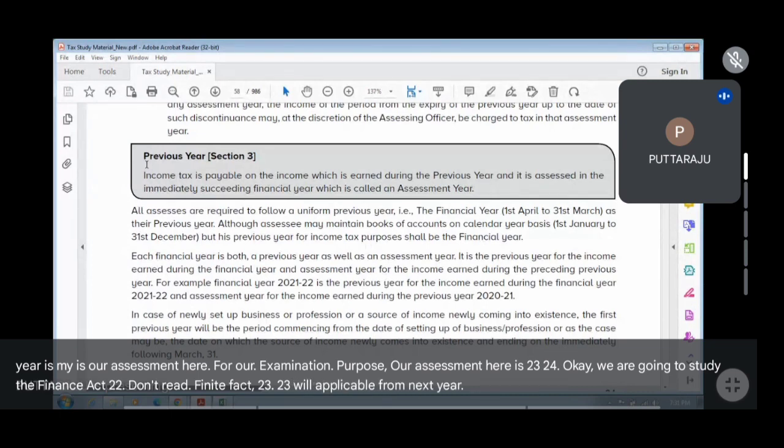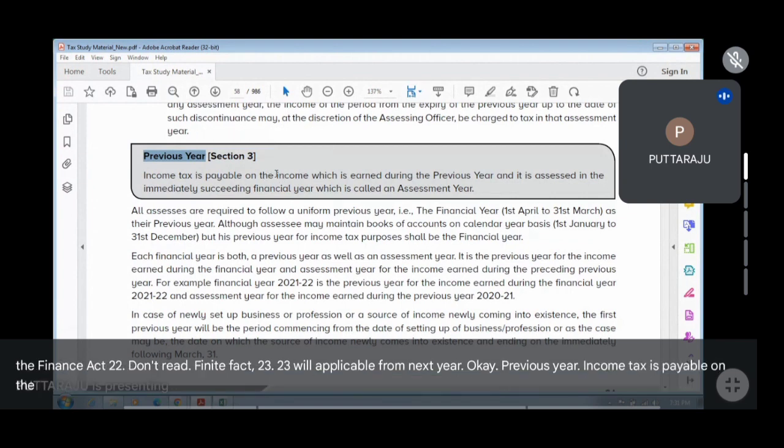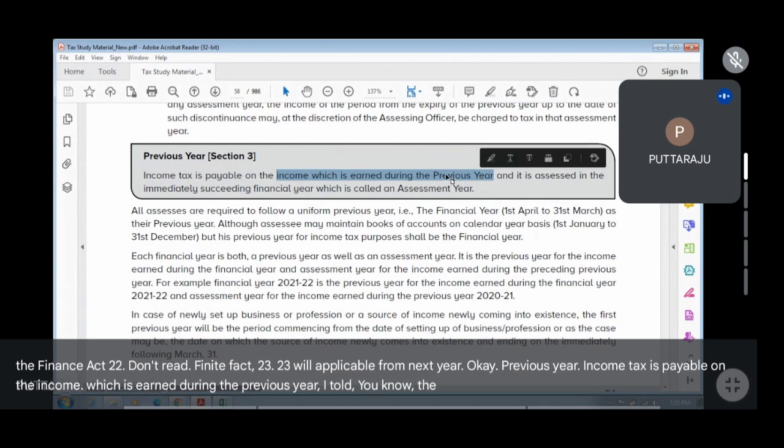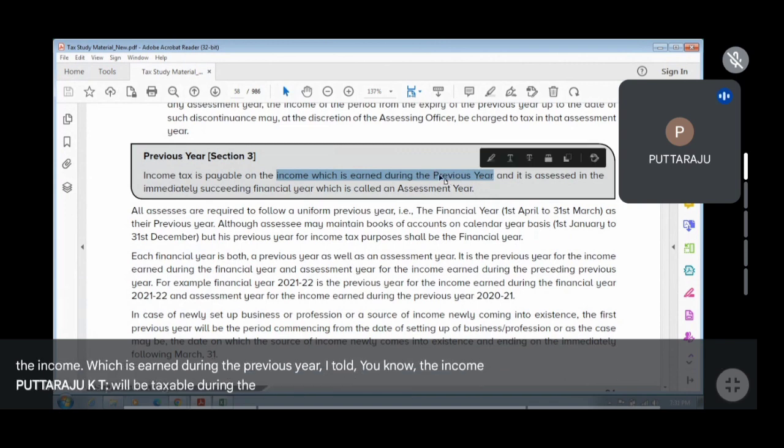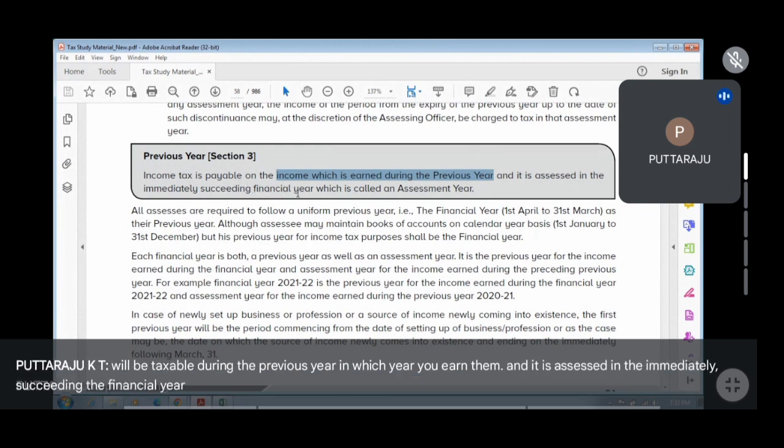Previous year. Income tax is payable on the income which is earned during the previous year. I told you, the income will be taxable during the previous year in which you earn it, and it is assessed in the immediately succeeding financial year, which is called the assessment year.